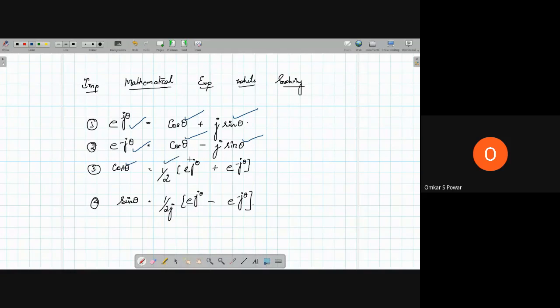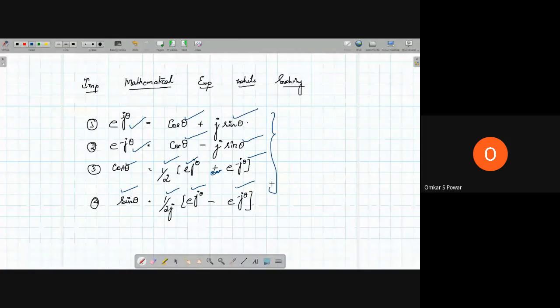Half into e power j theta plus e power minus j theta. Then sin theta, how can you express? 1 by 2j into e power j theta minus e power minus j theta. These things you have studied in mathematics, and you will be applying them while solving the problems, so we need to have a look at this beforehand.